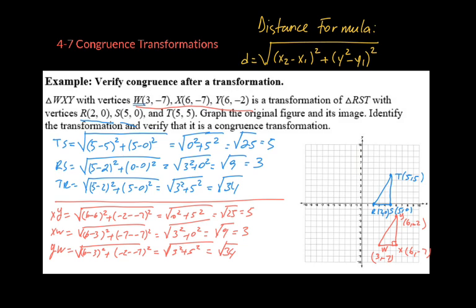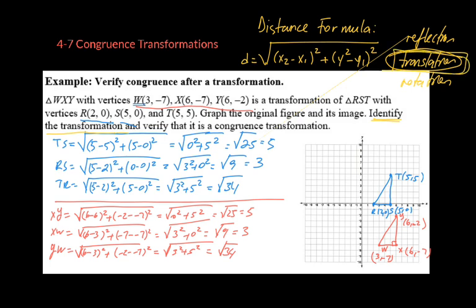So what were the options? Reflection, translation, and the last one was rotation. So since we are sliding, this one is going to be translation. So the answer for identifying the transformation is translation.